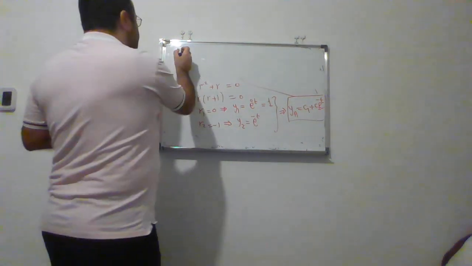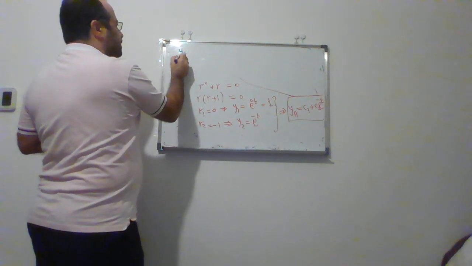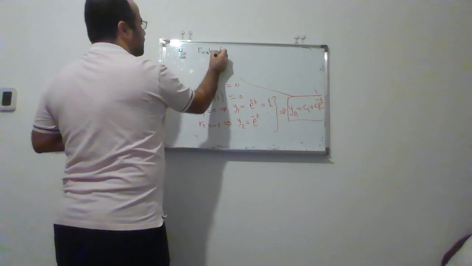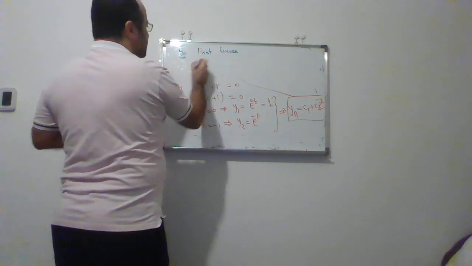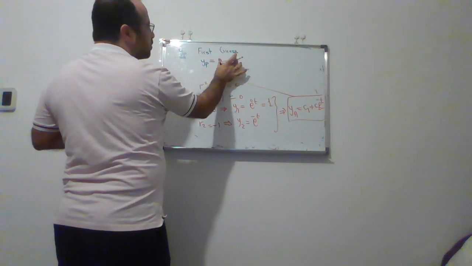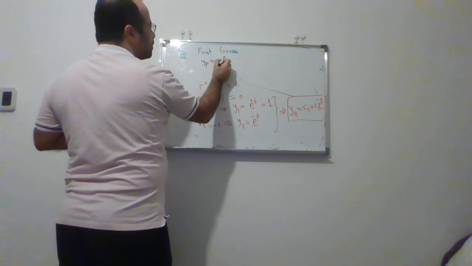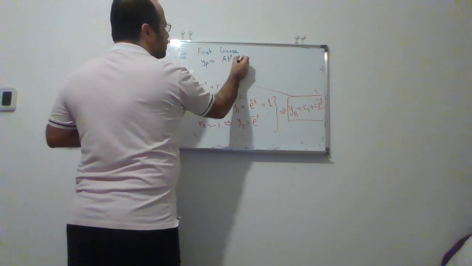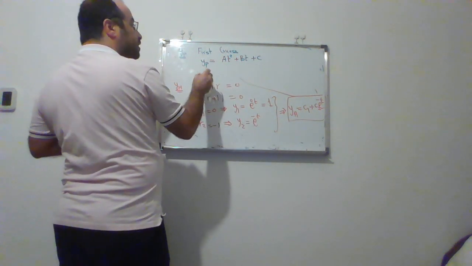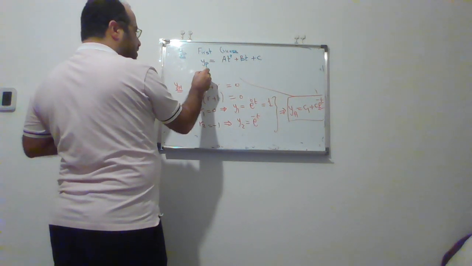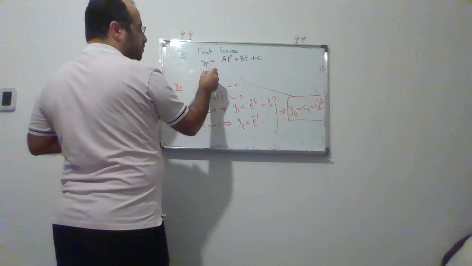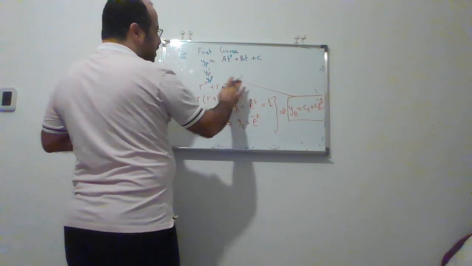Here is the first guess for y particular. What is the first guess? Y particular will be, as we said before, a polynomial of degree 2, so you go with A t squared plus B t plus C. Now, if you continue with this, you find y particular prime and y particular double prime, and then you plug them in the equation.